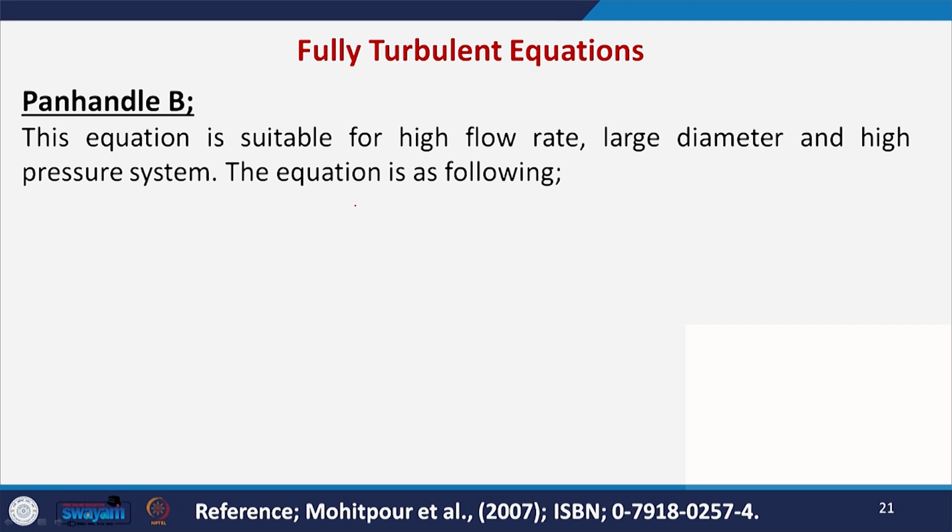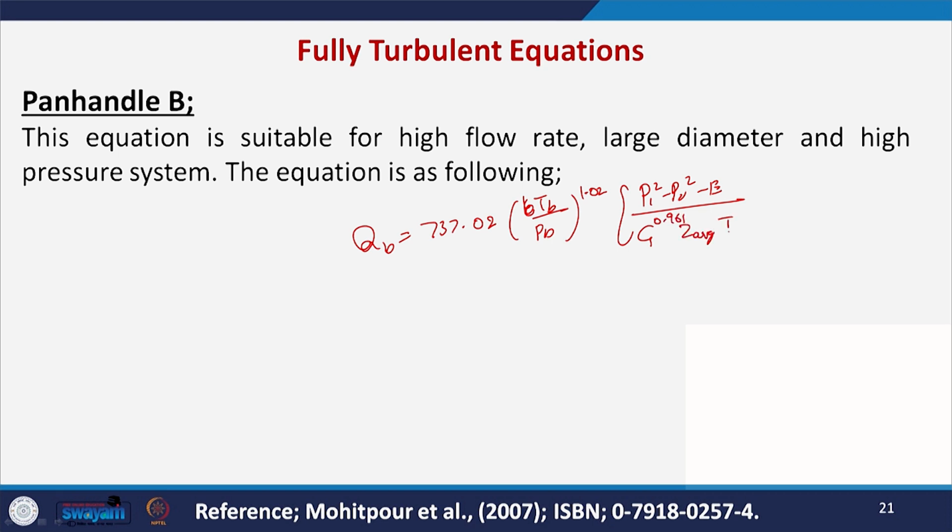Now this equation can be represented as Qb is equal to 737.02 Tb upon Pb to the power 1.02, P1 square minus P2 square minus E upon G to the power 0.961 Z average T average L to the power 0.5, d to the power 2.53.